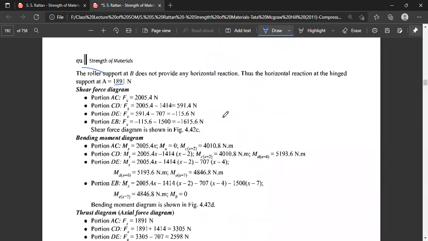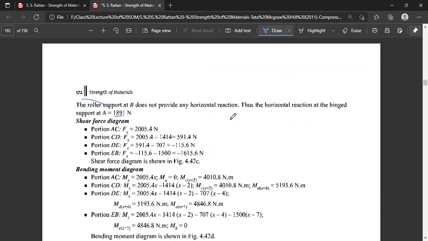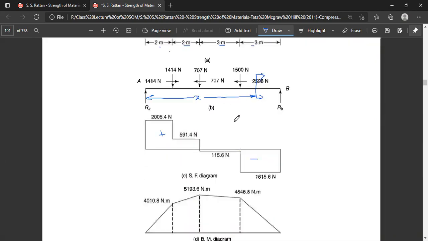Now the bending moment diagram will follow in the same manner. Again, you have to follow the same procedure for creating the bending moment.